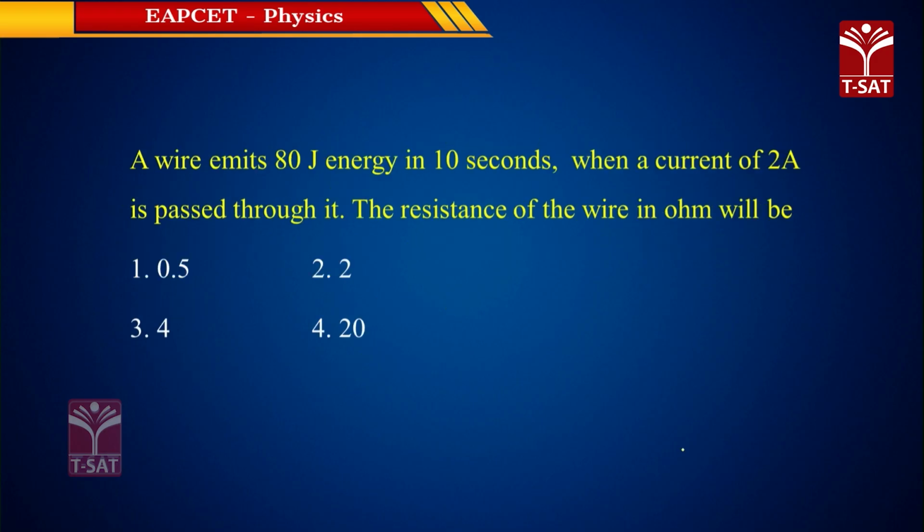A wire emits 80 joule energy in 10 seconds when a current of 2 ampere is passed through it. The resistance of the wire in ohm will be, here you see the formula. H is equal to, what is that H?